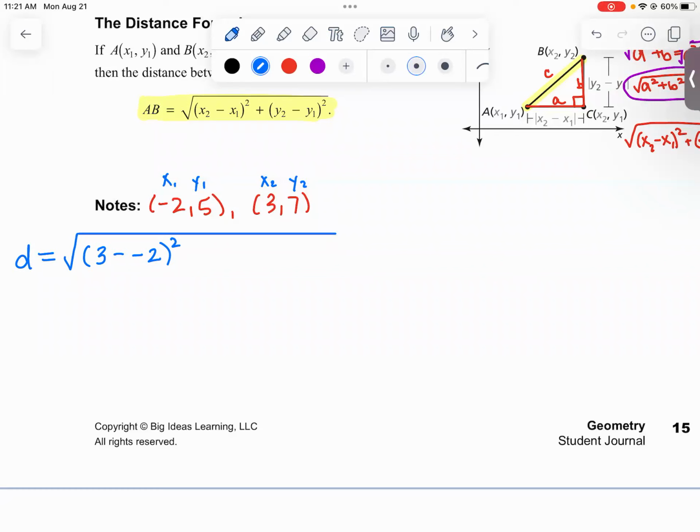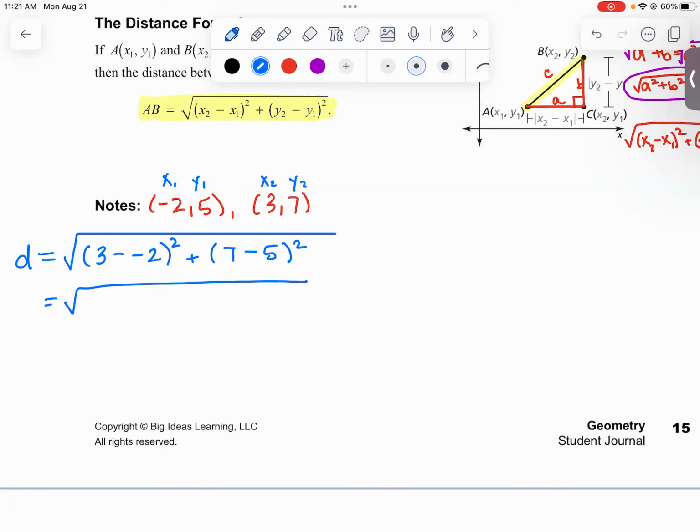Plus our y's, we're going to take y2 minus y1 squared. So we're going to have 7 minus 5. So then what you're going to do with this formula, we're going to take what's in the parentheses. We're going to figure that out first. So what's 3 minus -2?